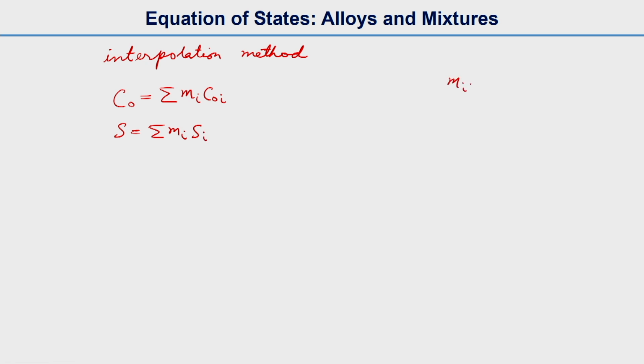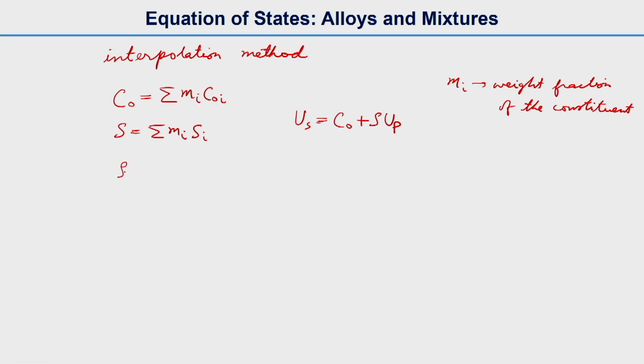Mi is the weight fraction of the constituent. You can use it for mixtures and for alloys, although for alloys it is just an approximation which may not be very accurate. So C naught and S are for the linear equation of state, C naught plus S Up. And the density will be rho naught equal to summation of mi rho naught i.